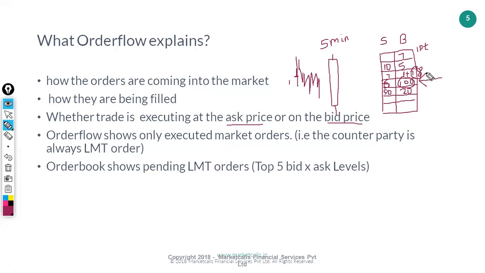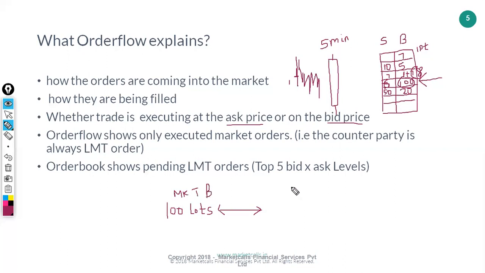When I say market order buyers, who is on the counterparty? The other counterparty is the market or limit order that is sitting in the limit order book. So if somebody punches 100 lots of market orders, then the equivalent counterparty, assume that this is the market order, MKT, and assume that this is a buyer.